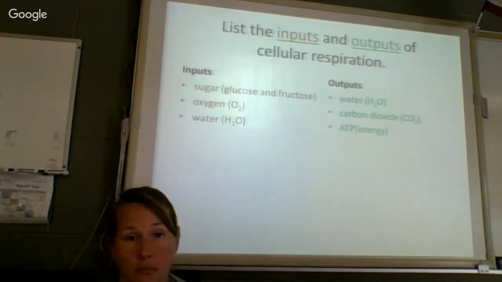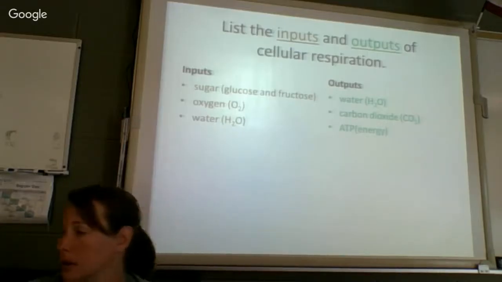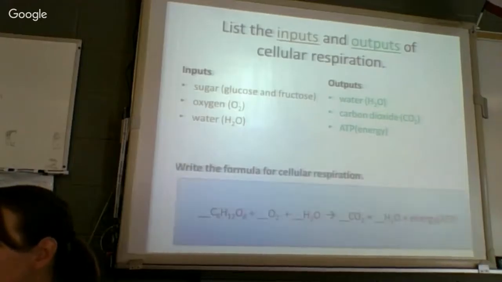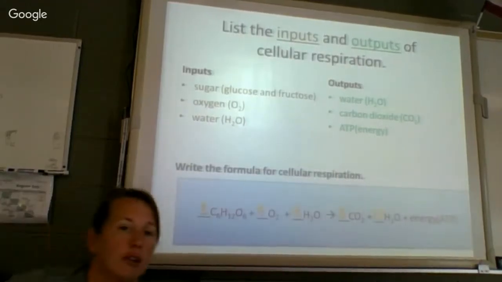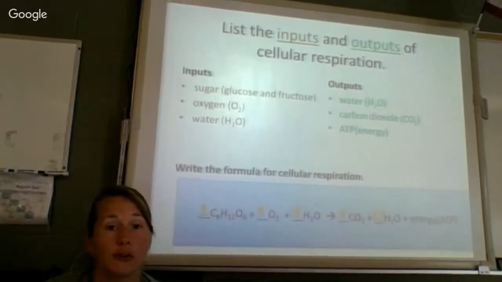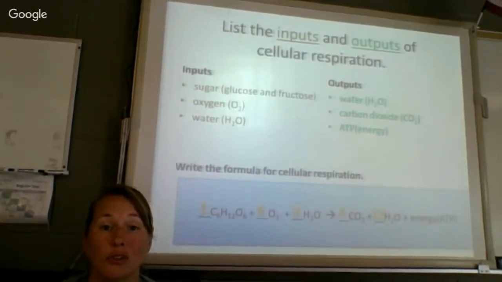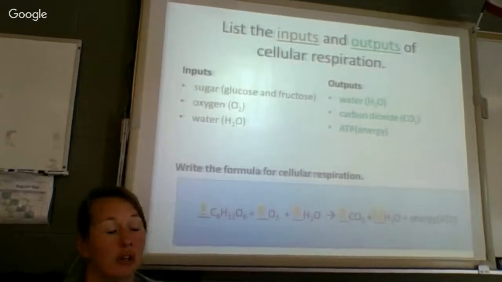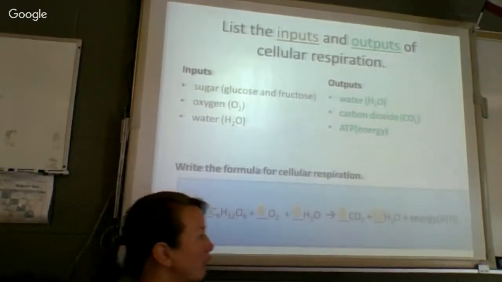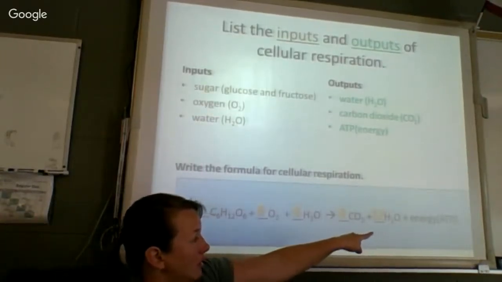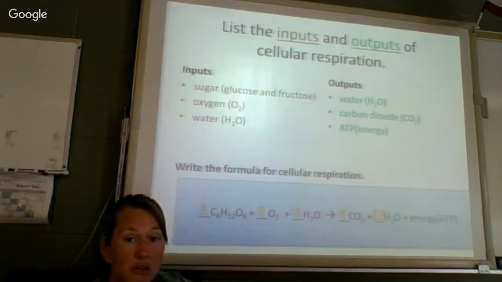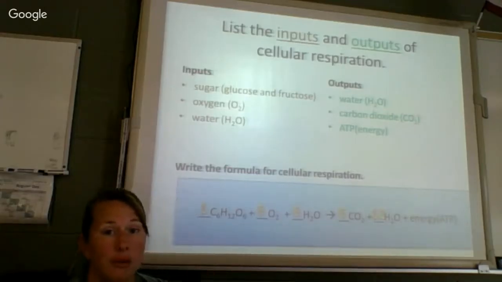Okay? If you know that, then you can simply do the reverse of this equation. If you know the photosynthetic equation, you can do the cellular respiration equation with one little change, and that's changing sunlight to energy. So you flip-flop and you change.